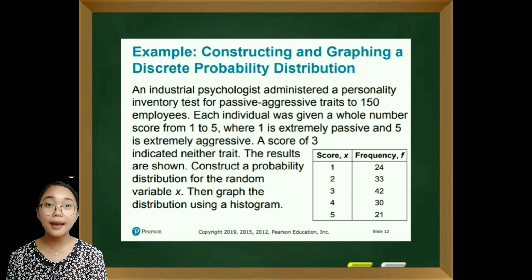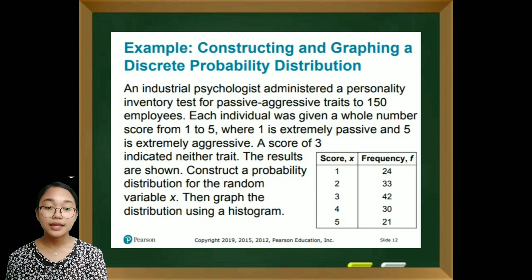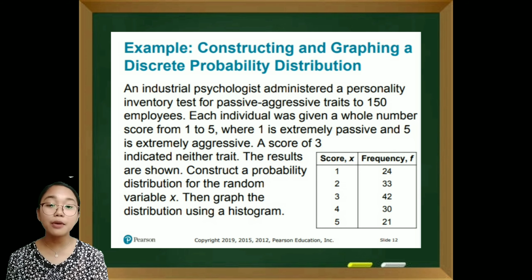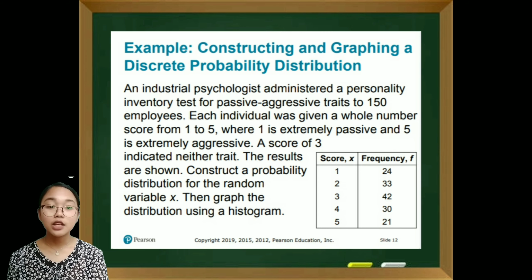So remember the steps of constructing a discrete probability distribution. First is make a frequency distribution for the possible outcomes. Second, find the sum of the frequencies. So 24 plus 33 plus 42 plus 30 plus 21 is 150.